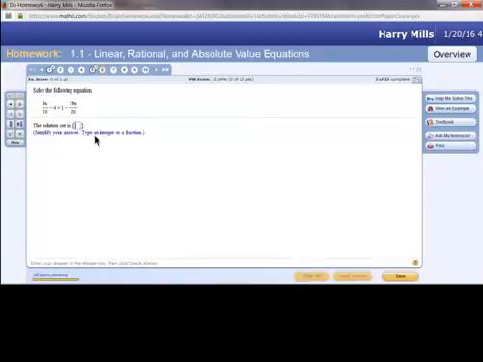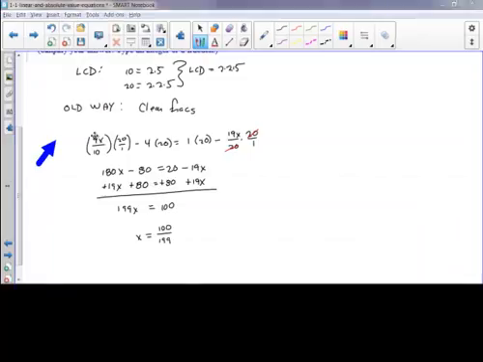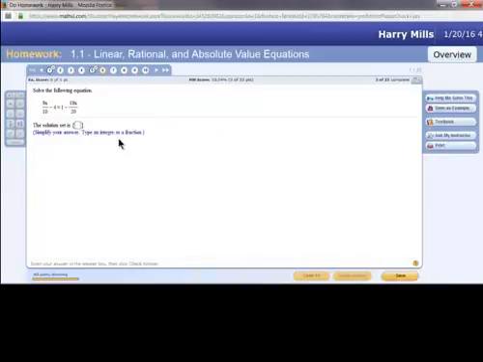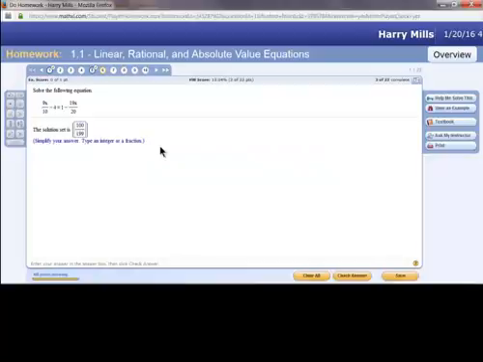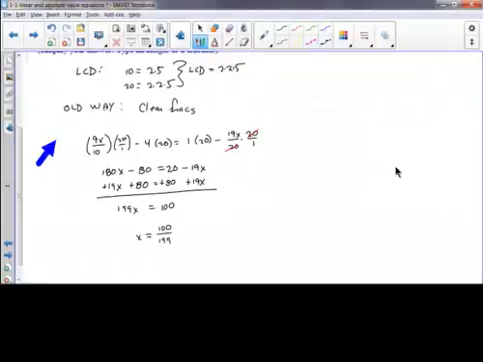What was it again? 100 over 199. Oh, come on, let me have the window. Sorry, that's not correct. Yeah, I thought I might have messed up there.